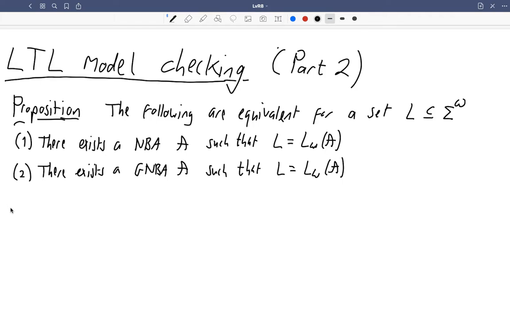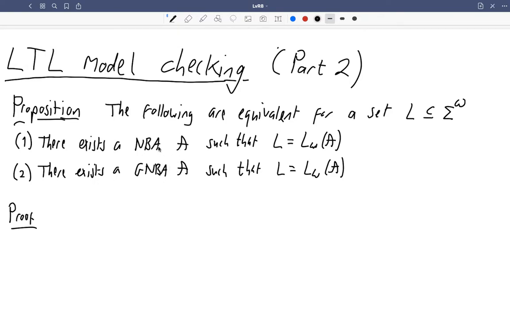I'm not actually going to prove it here, I just want to make some notes about it. One direction is easy: if there exists a non-deterministic Büchi automaton A such that L is the language of that automaton, then there certainly exists a generalized non-deterministic Büchi automaton, because any ordinary one is a fortiori a generalized one.